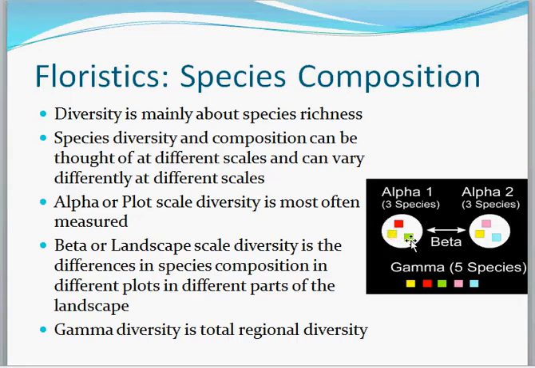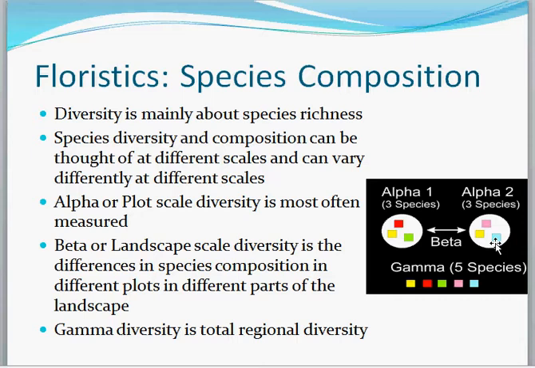Beta species diversity may be important too, because if your target species is only found in one area of the country, that's the only area that you're likely to be interested in harvesting, and the other area isn't so much of interest.